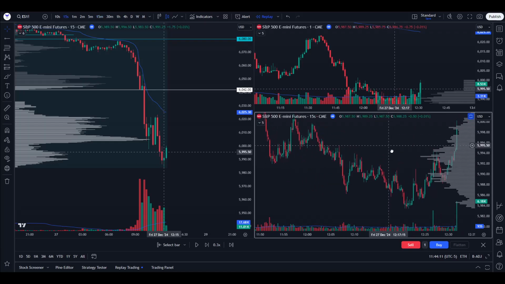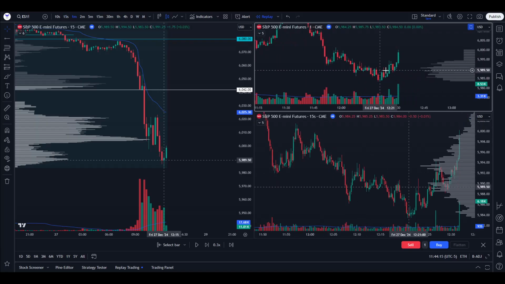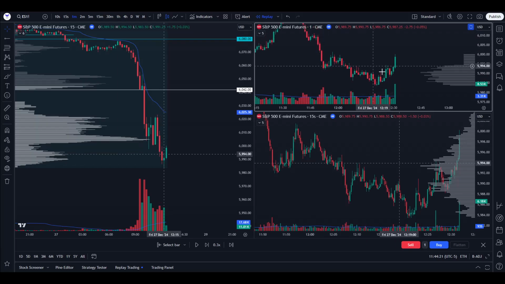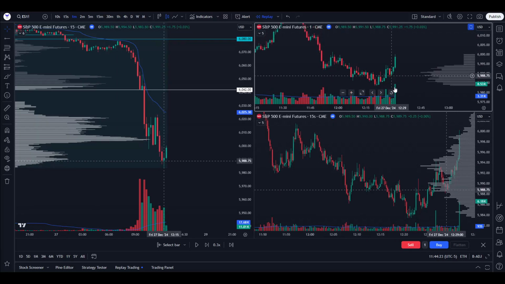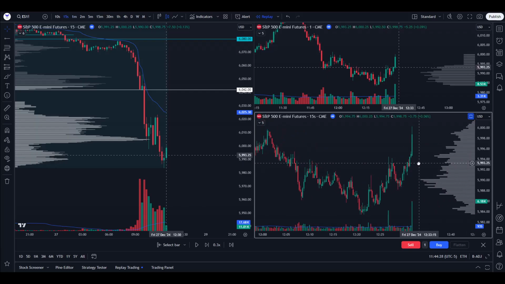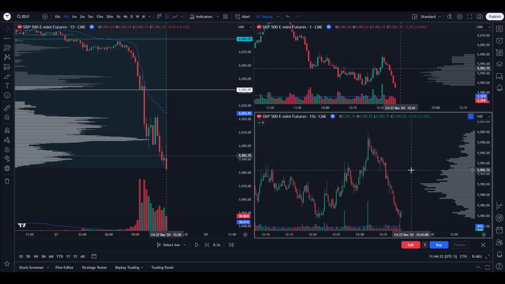It's kind of messy on lower time frames, but we can see it's descending, but the angle is not very sharp like it was up here. It's really starting to slow down. And we're starting to put in some higher highs and higher lows here on the micro time frame.